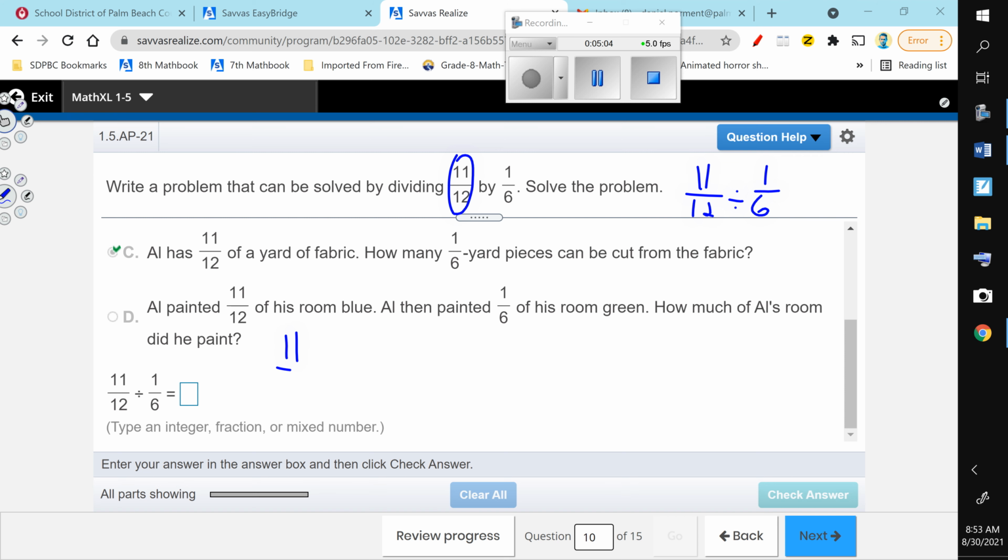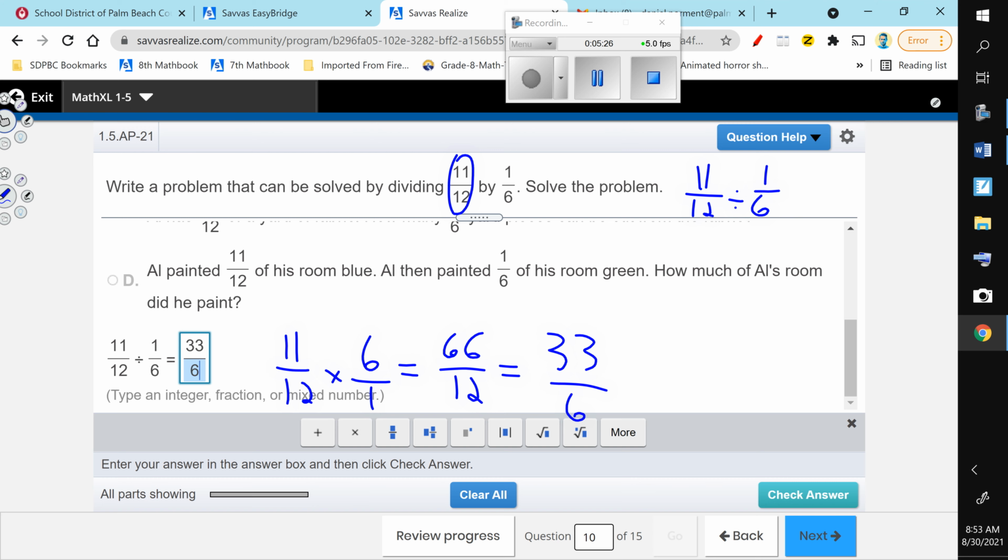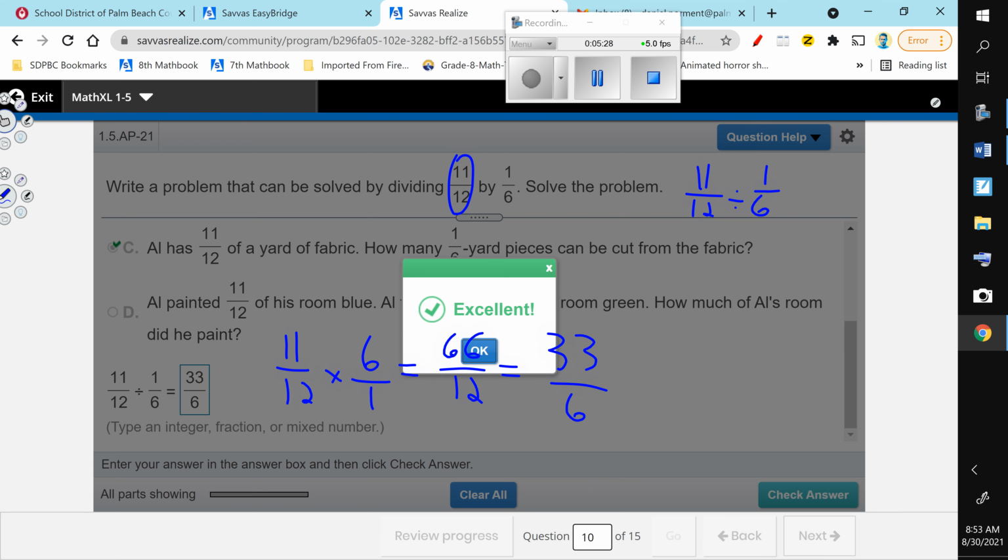And then to solve it, it's as simple as doing this. And then you solve that. Then divide by 2. And that would be 5 pieces and 5.5. Let me see if 33 over 6 works though. Yeah, it does. So there's your answer.